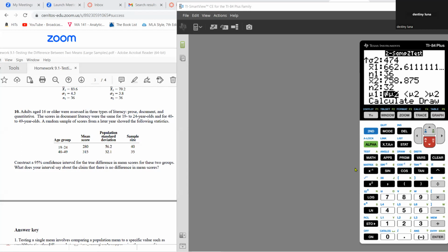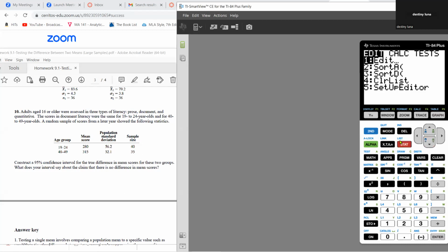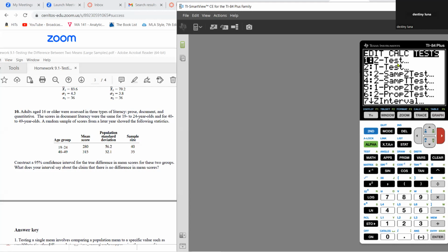So now I'm gonna start from the beginning. So let's say we're here. You just turned your calculator on and it looks something like this. You're gonna go to stats again. You're going to go to tests, because this is considered a type of test. And now on this menu, everything that ends with test is a hypothesis test.